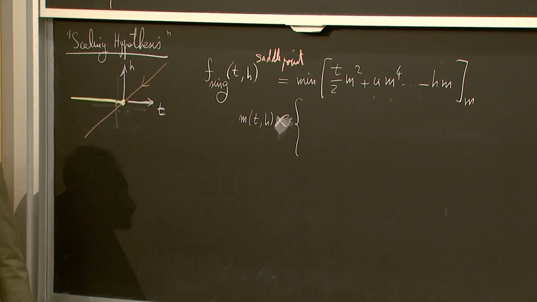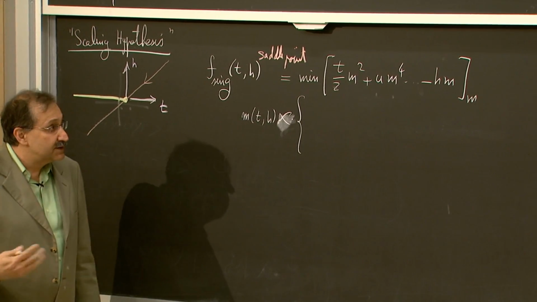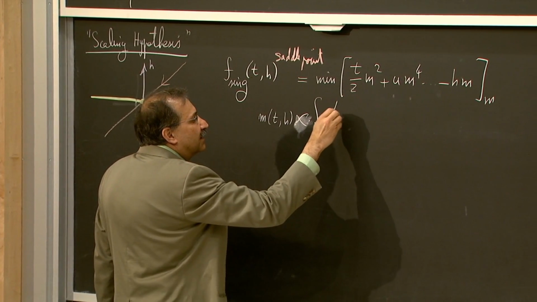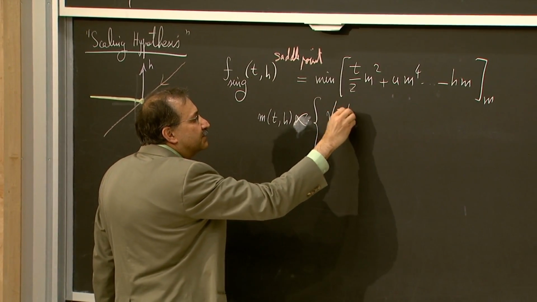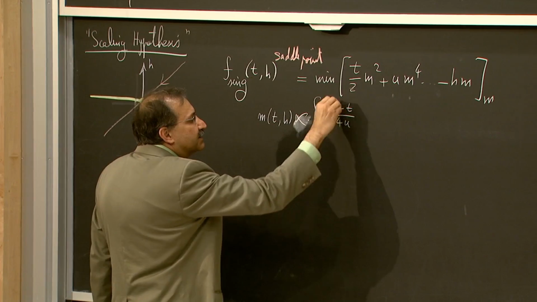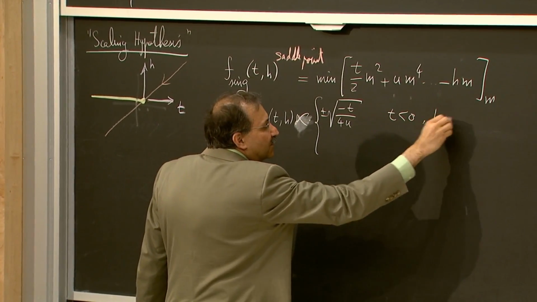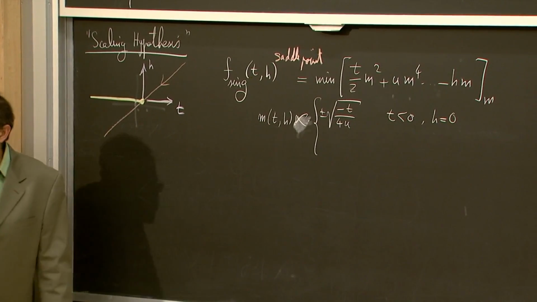So m squared will scale like T, m will scale like square root of T. And more precisely, we calculated this formula for T negative and H equals 0.